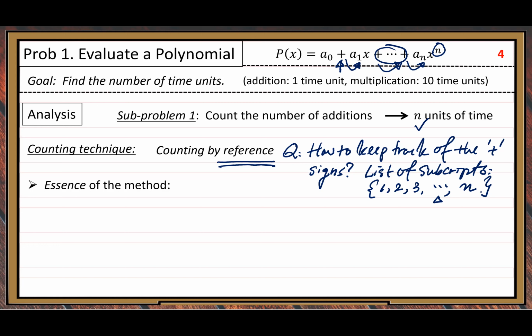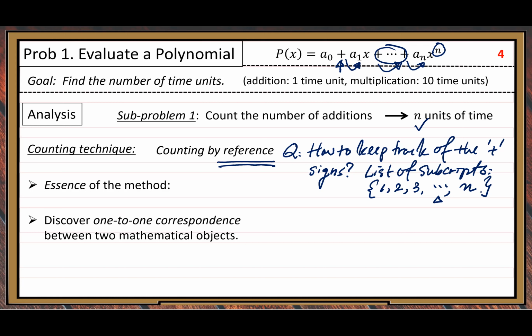This method we call counting by reference. Let me do the summary, the essence of this method. In this class, we will use this method many, many times. The essence of this method: discover a one-to-one correspondence between two mathematical objects.